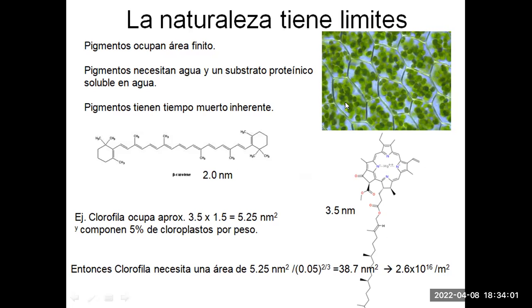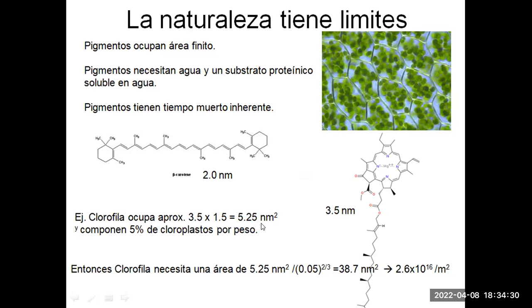And we cannot have only pigments, we also need support structures. In the case of the chloroplasts, for instance, we can determine that only 5% of the chloroplast corresponds to pigments, and the remaining 95% to the structure and to the water molecules around the pigments.